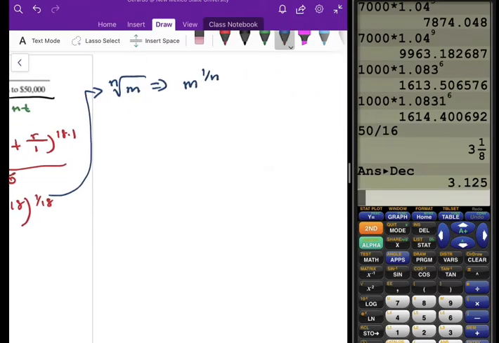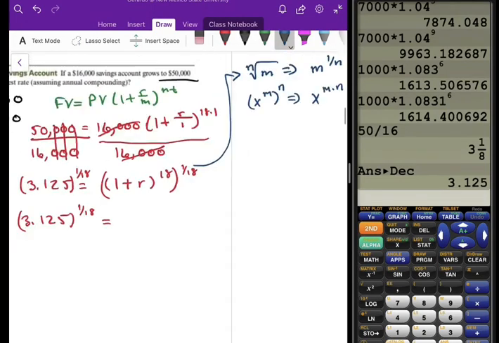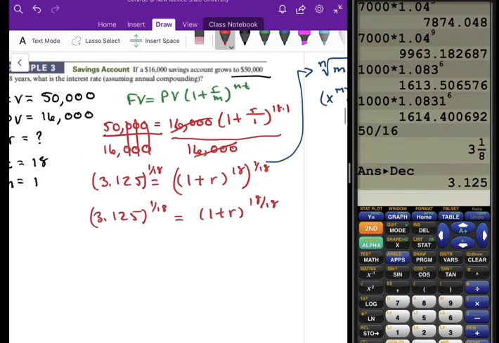The other rule of exponents we have to remember is that if I have x to the m, to the power of n, this becomes x to the m times n. So I have 1 plus r, 18 times 1 over 18, so 3.125 to the power 1/18. And 18 divided by 18 is 1, so no more powers.